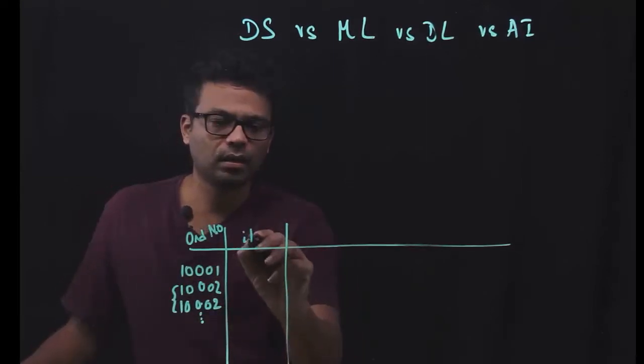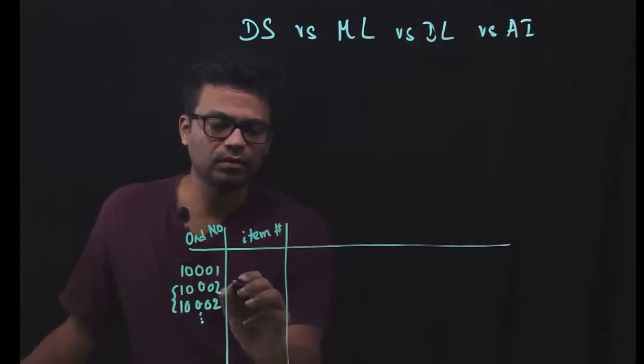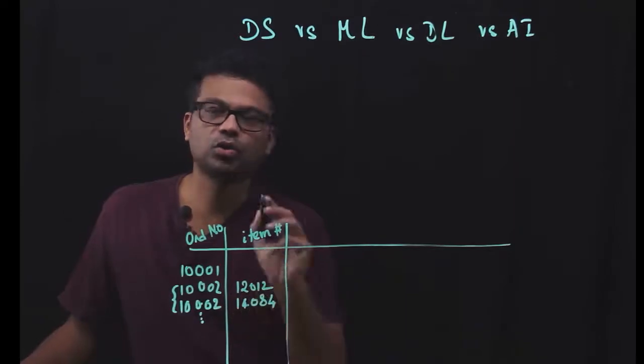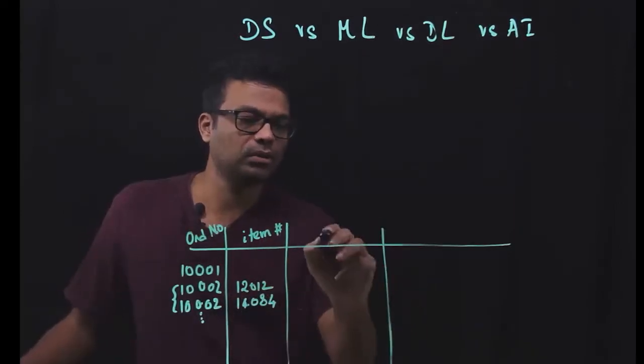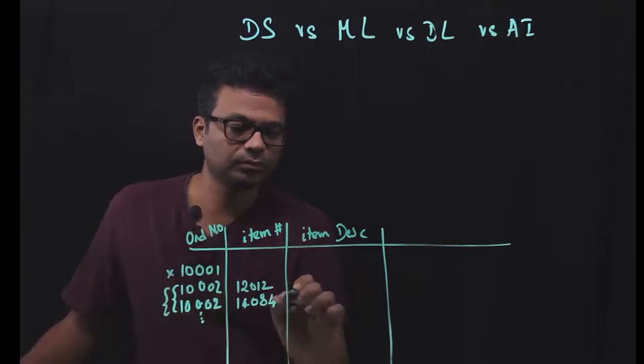Say, this is our item number, and that item is going to be 12012, and this is going to be 14084, just 2 items, and their description, this is item description. I'm giving the details only for this order, not for this order.